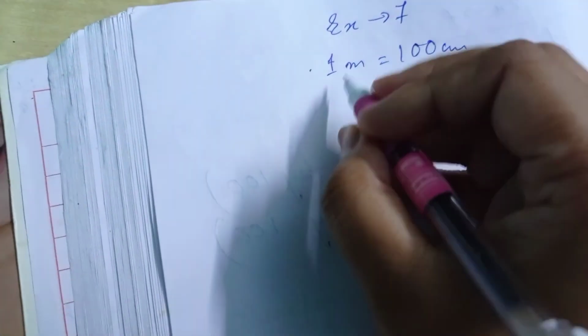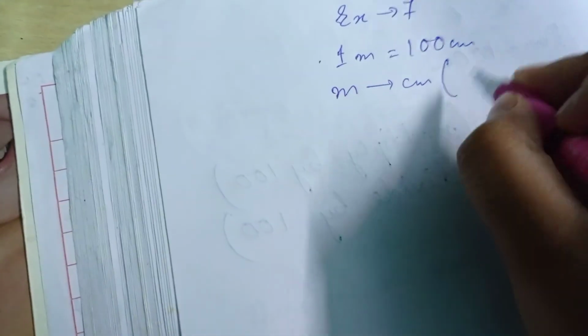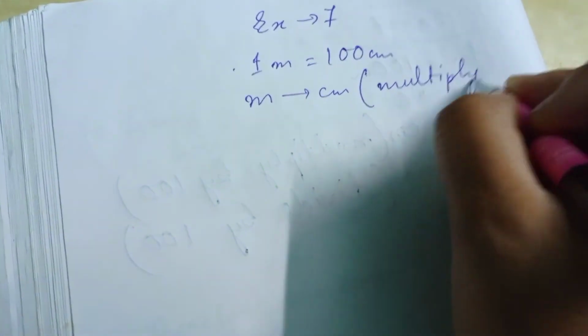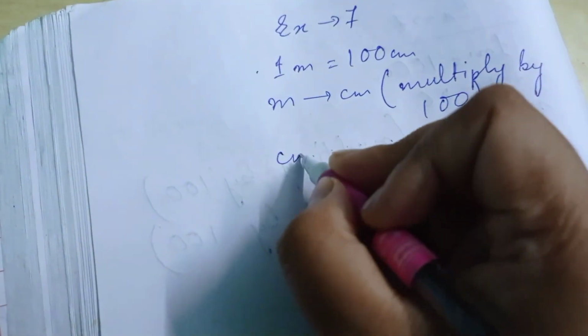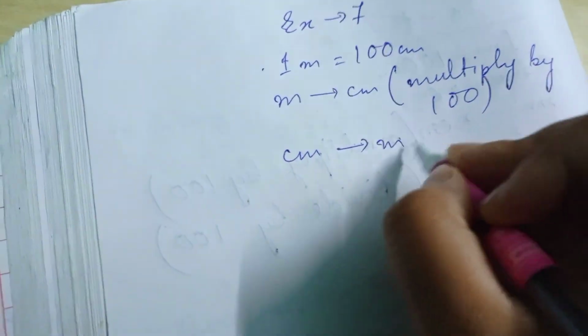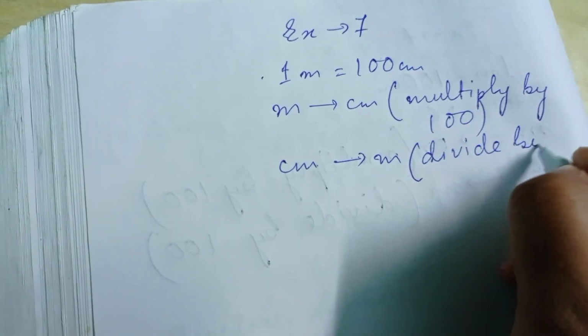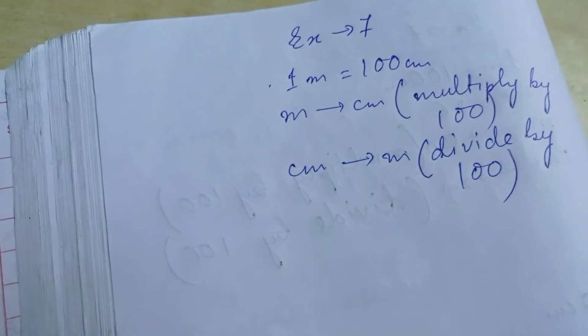When you convert meter to centimeter, we always multiply by 100. And when we convert centimeter to meter, we need to divide by 100. This is the relation for meter and centimeter.